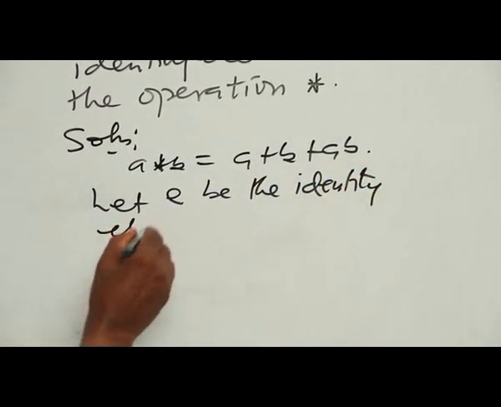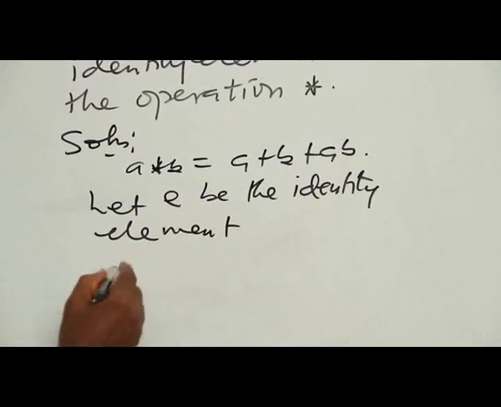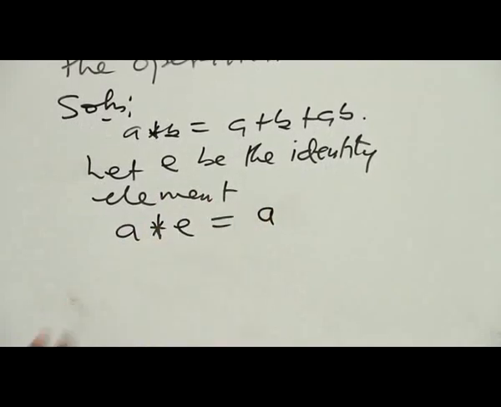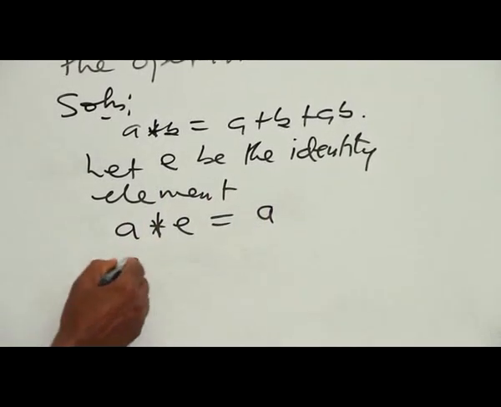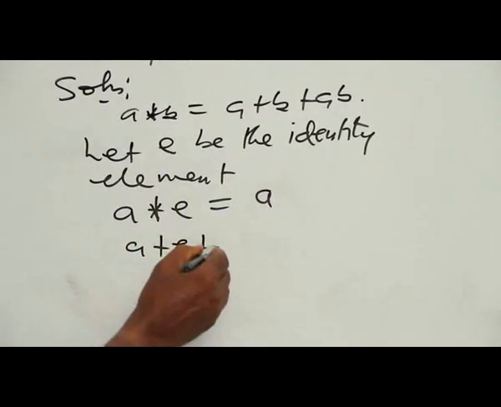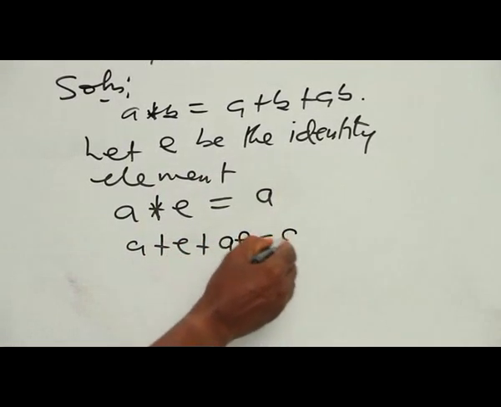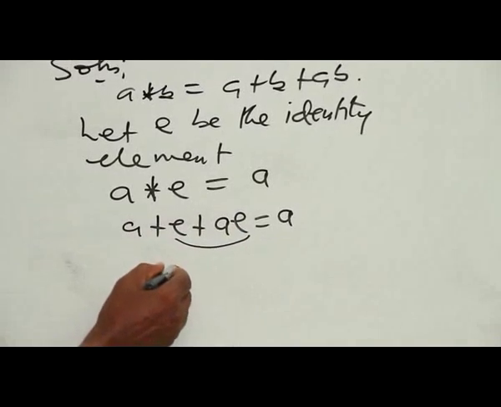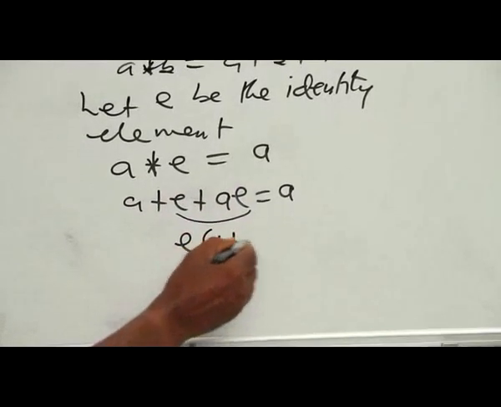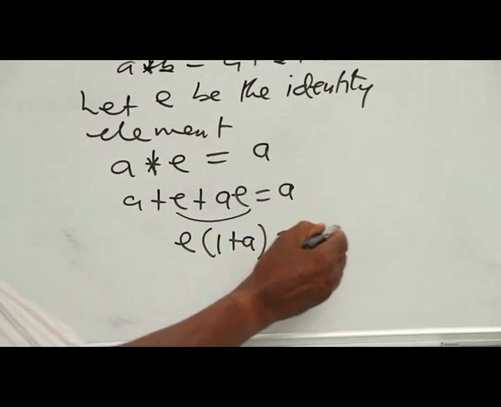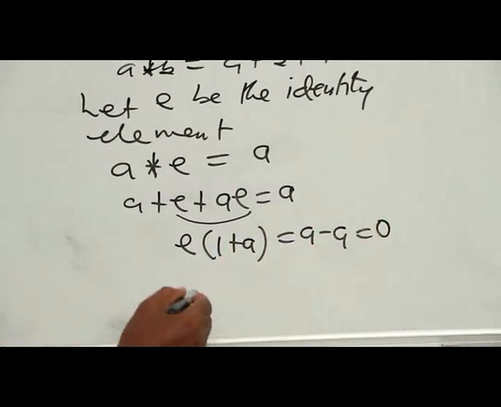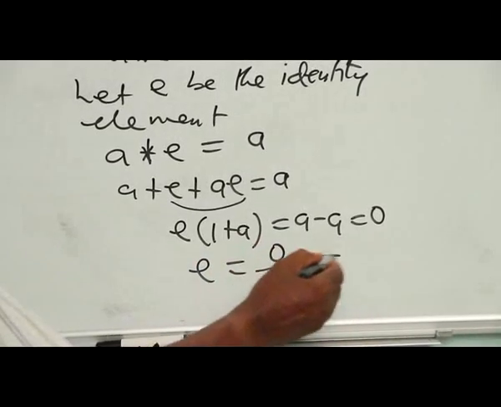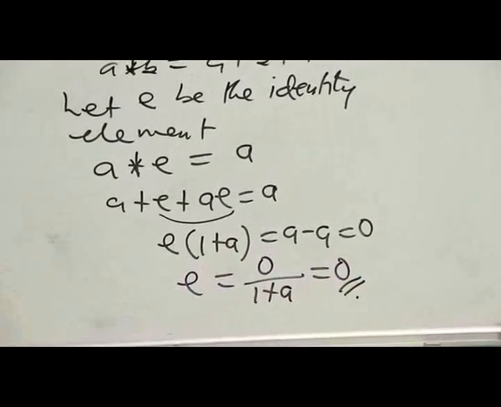That should be the case, so A operated on E must be equal to A. In other words, we have A plus E plus A times E is equal to A. Now, if you look at this, you can isolate E here. So we have E times (1 plus A), and then we have A minus A is equal to 0. Therefore, our E is equal to 0 all over 1 plus A, and the identity element is equal to 0.